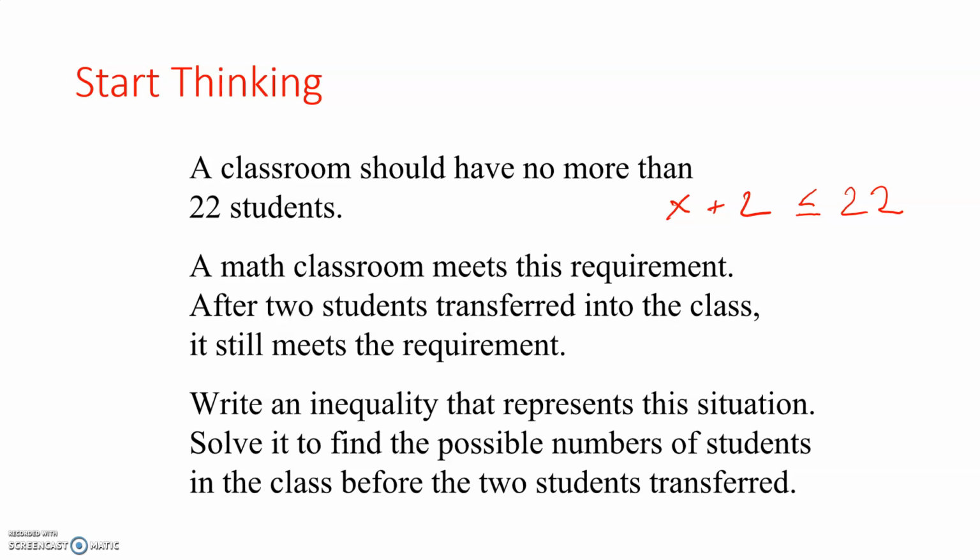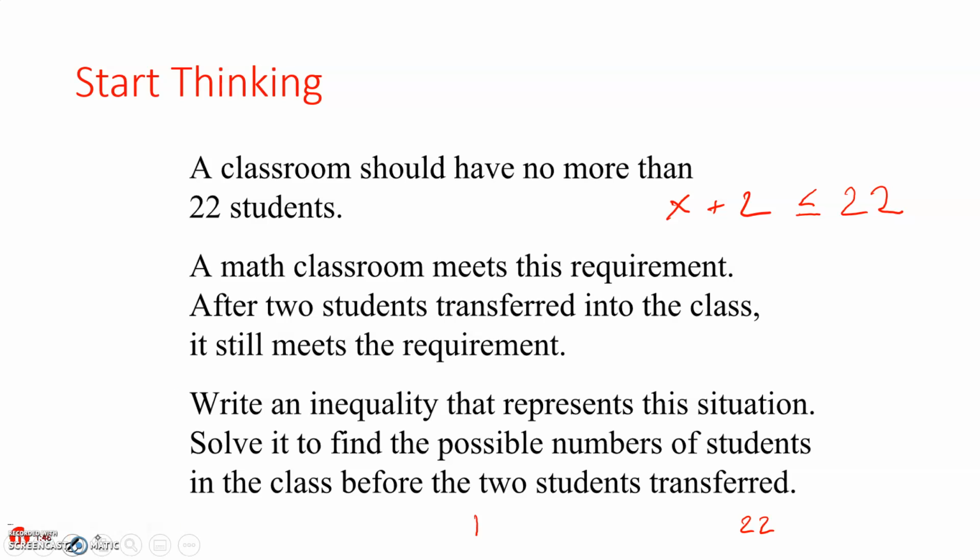Part 2, write the inequality that represents this situation, and solve it to find the possible number of students in the class before the 2 students transferred. I'm going to start from the top and work my way down, 22, and I'm going to go down to 1. Oh wait, I'm sorry, before the class.